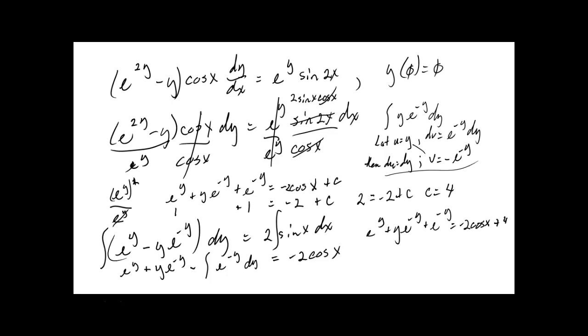Like you could factor out an e to the minus y from these two terms. And that would be, let's see what that does. It may not do anything. E to the y plus e to the minus y times y plus 1 is equal to minus 2 cosine x plus 4.